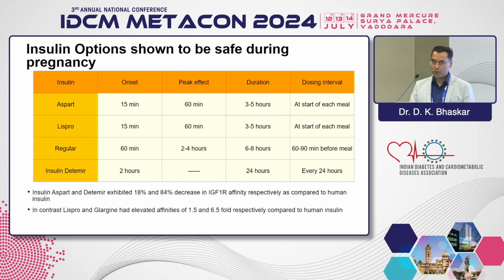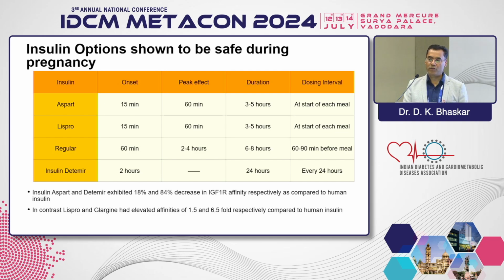So we will see now which types of insulin are to be used and what the action profile of these insulins is. Basically, these are the insulin analogs like aspart, lispro, regular insulin, that is human insulin, and insulin detemir. And one more insulin is NPH.